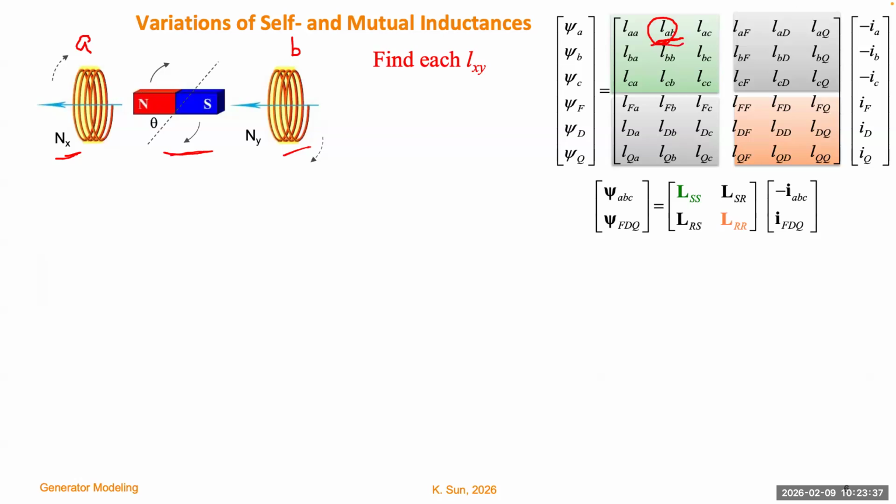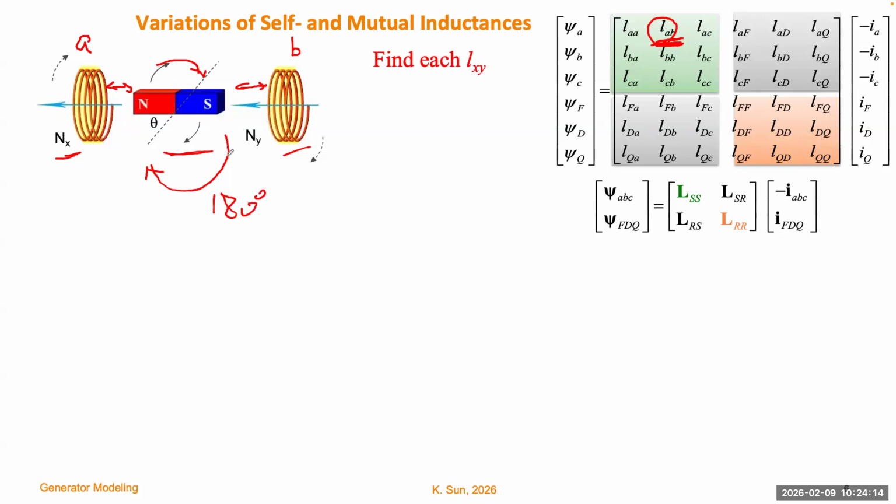If we find this LAB, both A and B on the stator are stationary, so they don't revolve with the rotor. Only the rotor revolves between A and B. So the inductance will reach the maximum value twice every cycle, because that will have the minimal air gap. When the air gap becomes minimal, the inductance will become maximal. So when it turns by 180 degrees, that will reach another maximum value.